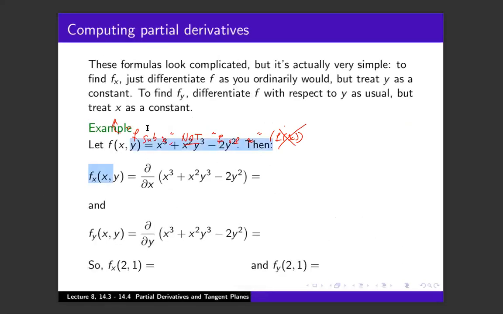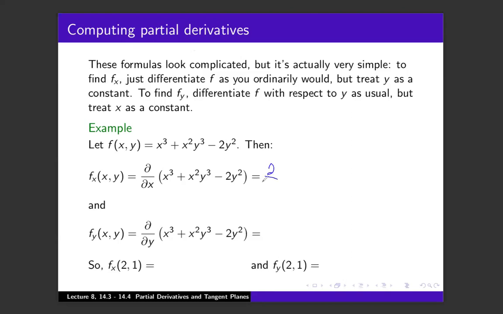So when you're actually going to go calculate something like this, let's see what that looks like if we actually calculate one of these things. Well, okay, we're defining f(x,y) as x cubed plus x squared y cubed minus 2y squared. So you can differentiate this thing as if y were a constant.